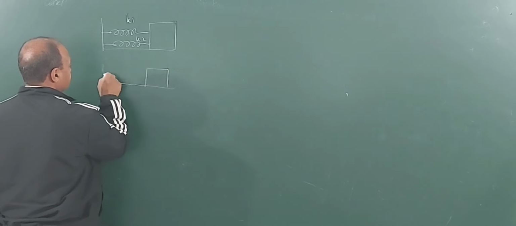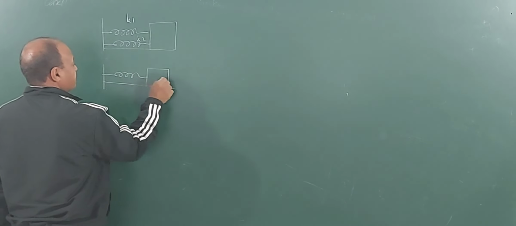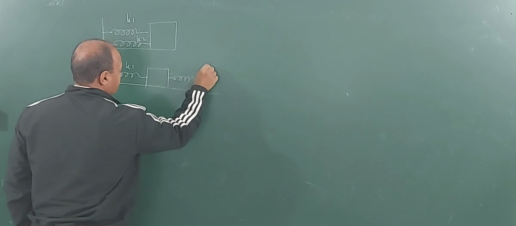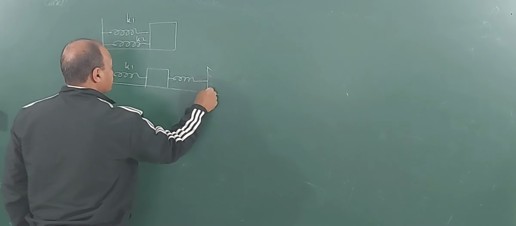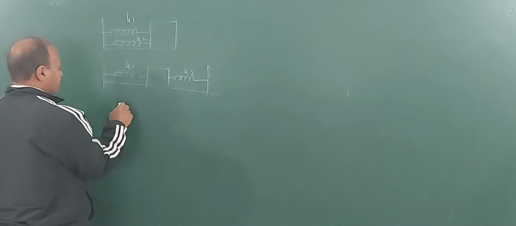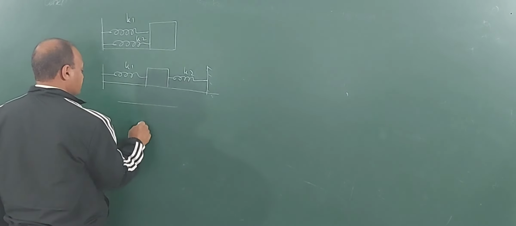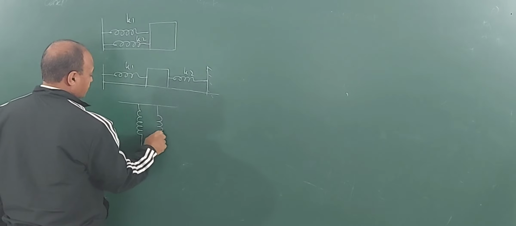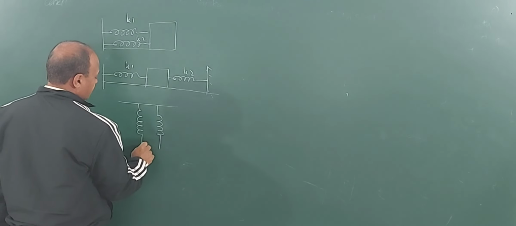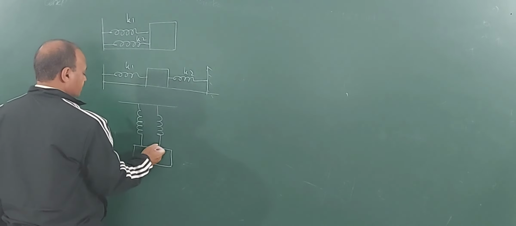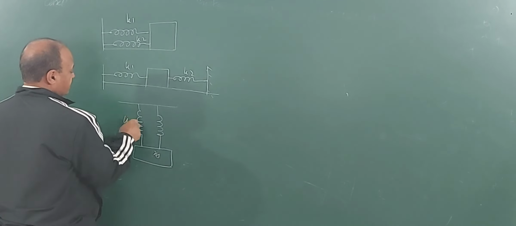Your point mass here, this is one spring with spring constant K1, and the spring having spring constant K2. Clear? Or you may have a situation like this, in which you have two springs, or more than two springs connected to mass M. Mass M, spring constants are K1 and K2.